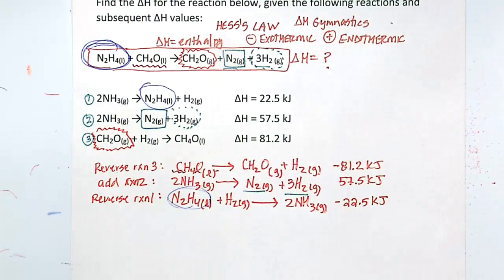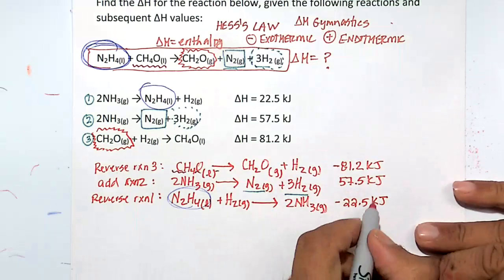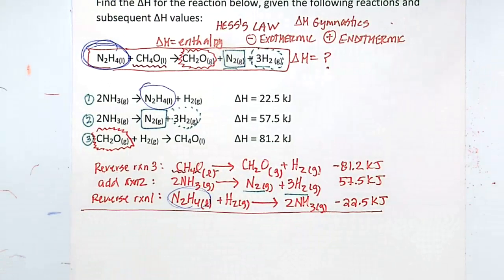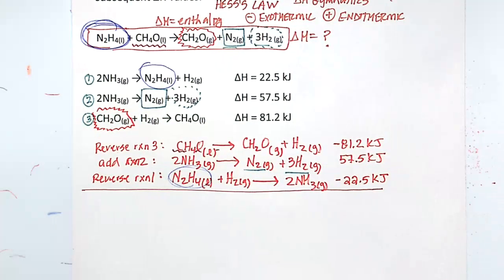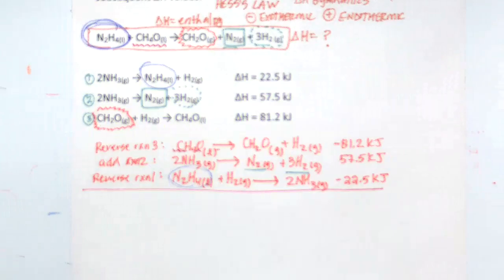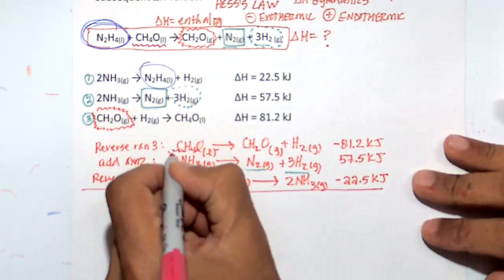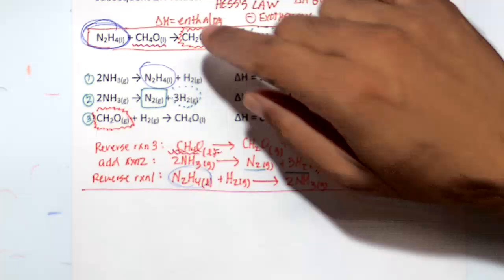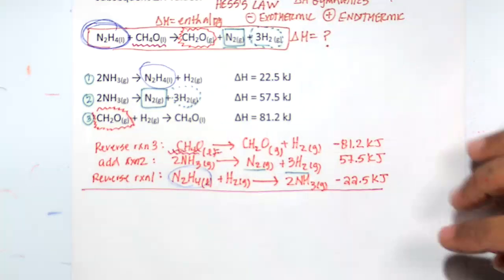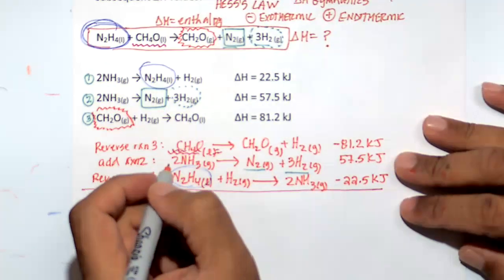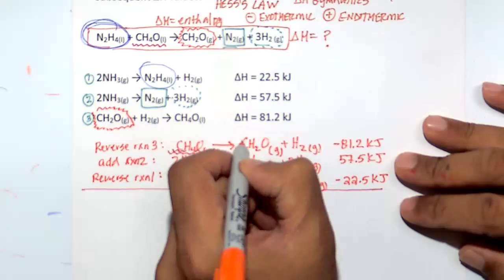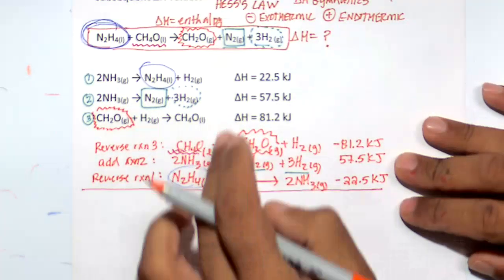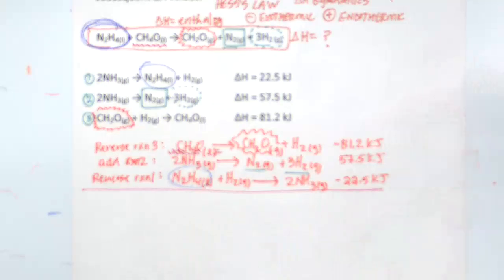And then something nice happens when I do this. This is another thing in Hess's law. All right, so the circle here, the squiggly line here, okay, reactant, the little orange thing there, CH2O, that's the reactant, that's the product. And then N2 product, 3H2 product.